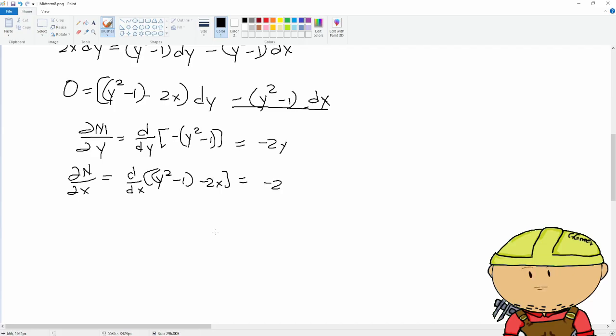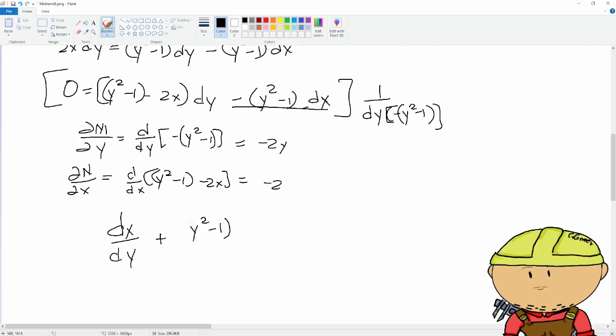Let's do linear. I'm saying linear in x because your x is first degree. See that? x is first degree. So let's divide both sides by dy and negative (y squared minus 1). Okay, so this becomes dx over dy plus (y squared minus 1) divided by negative (y squared minus 1) minus 2 over negative (y squared minus 1) multiplied to x is equal to 0.